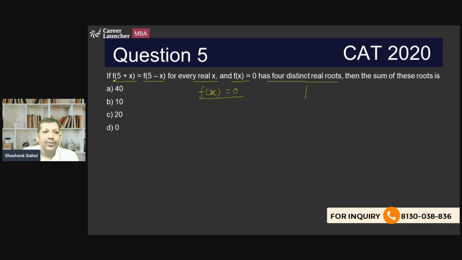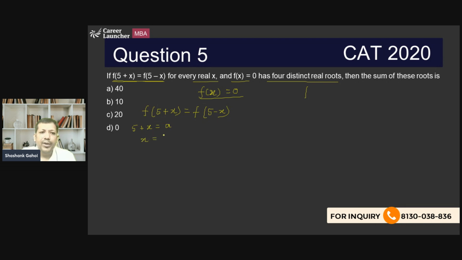Okay. Now we have this: f of 5 plus x is equal to f of 5 minus x. So what am I going to do in this case? I can take multiple approaches. The first approach is hit and trial. I can just go with hit and trial. Then I can take other approaches as well. So I'm going to take 5 plus x equal to, let's say, a.